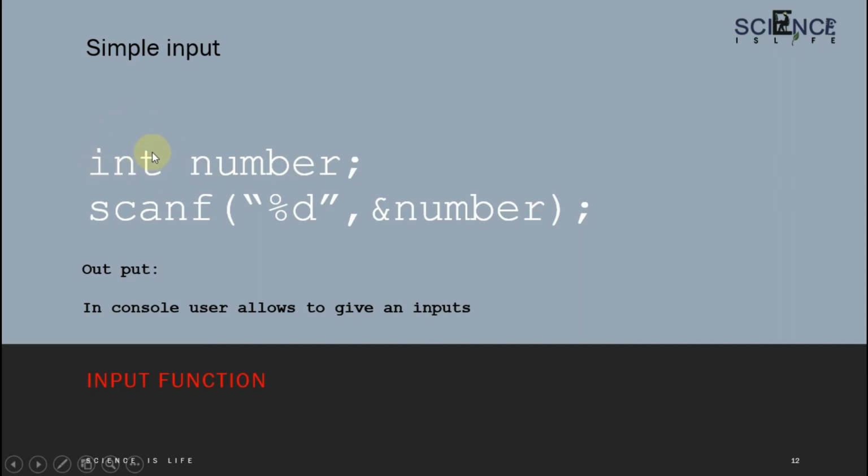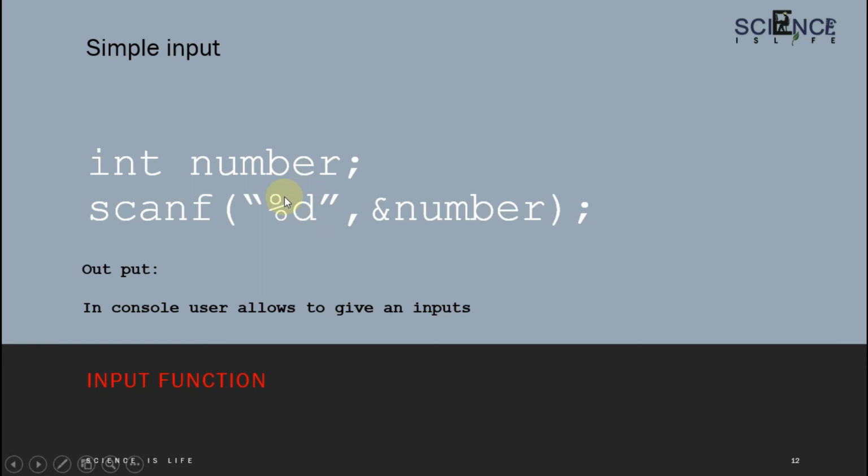So I hope to have an input from the user when I run this program. So I need to put the scanf function. I need to call the scanf function within these brackets. As we did in the printf function, we need to have a format string. Format string means it is within double quotation, right? So within double quotation we need to specify what value we are going to have.